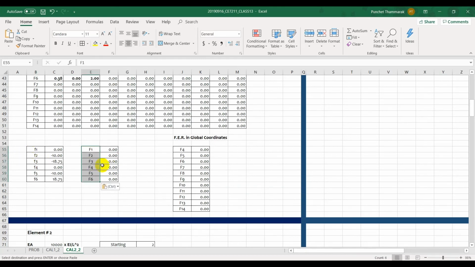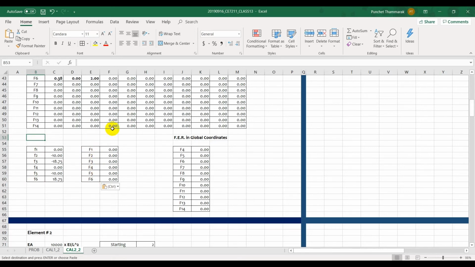Just accidentally you have F1, F2, F3, F4, F5, F6 just the same, but you will see in the other case that you don't necessarily have the same F1, 2, 3. This is just the setup in local coordinate, and this is the setup in global coordinate.